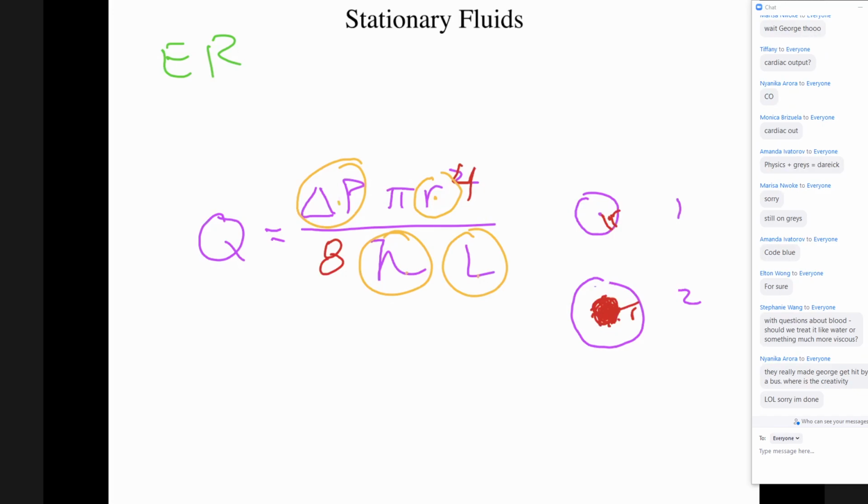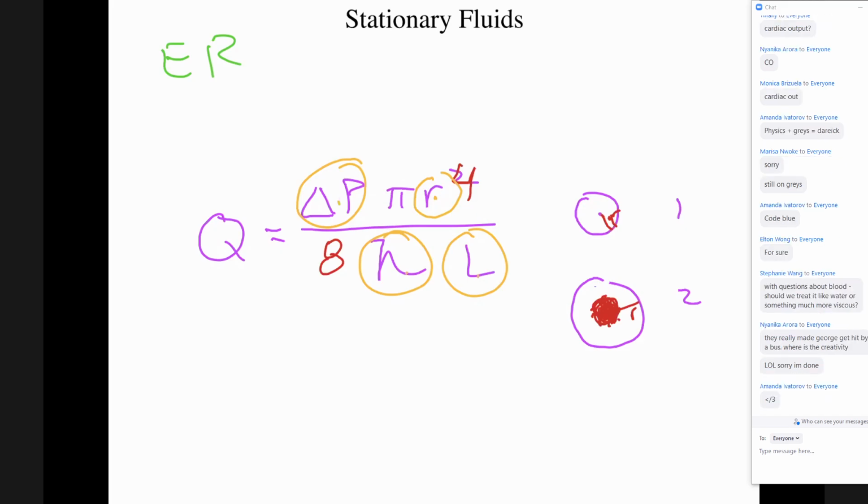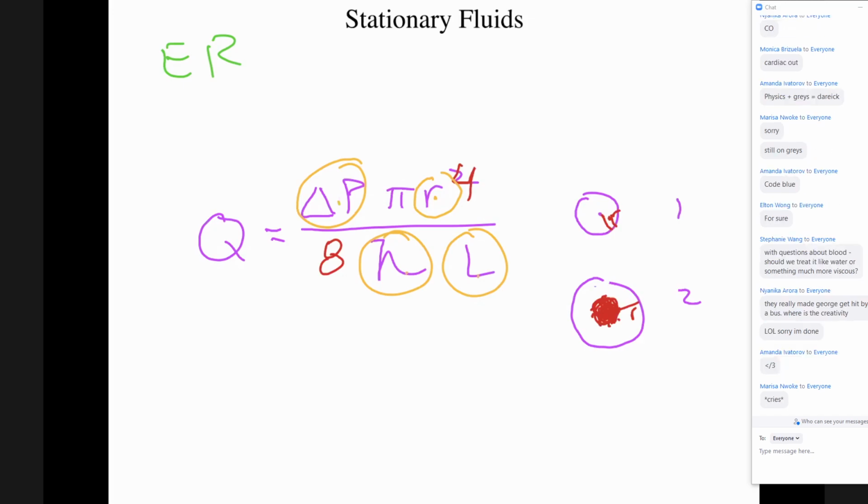Yeah, so this question always pops up. Anytime you see in an answer explanation that blood is not an ideal fluid, so blah, blah, blah, stop reading that information. Throw it away. As far as the MCAT's concerned, they treat blood like an ideal fluid. There's no BSing like that. It's glorified water.